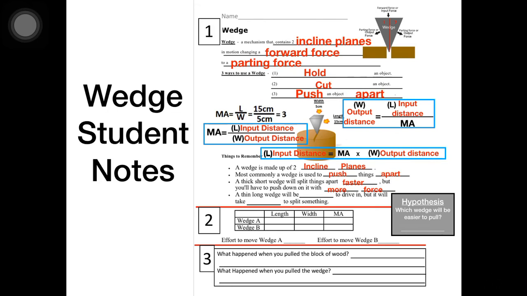You'll have to push down on it with more force. Okay, so a thick, short wedge will split things apart faster, but you'll have to push down on it with more force.